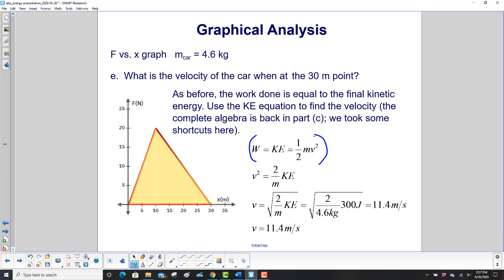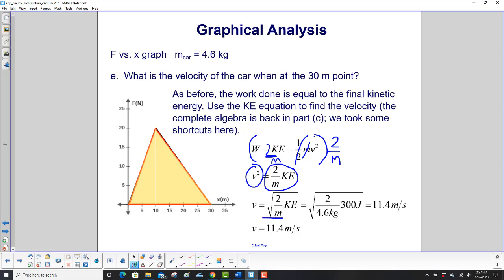We want v squared all by itself. So if we multiply both sides by 2 over m, that'll cancel this out. Then we'll have 2 over m in front of the KE. Then we'll switch the sides around, so we have v squared on the left. And then you just take the square root.